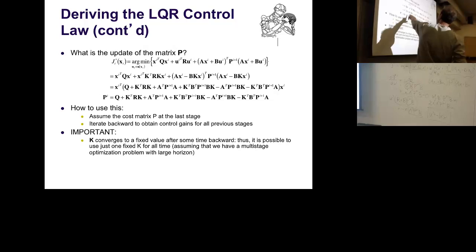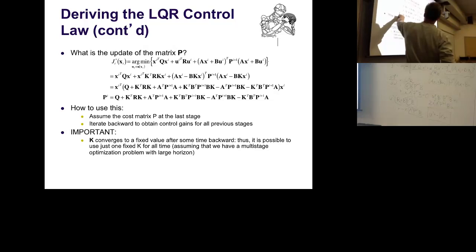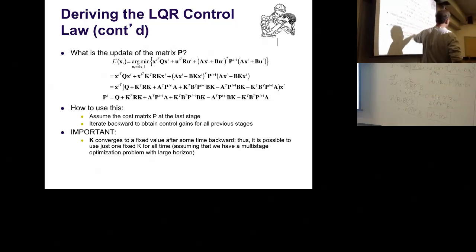And again, what you see is that the optimal cost to go is quadratic in xi. Here's the xi, there's the xi, and then the term in the middle is just big, but that's it. So we know that this term in the middle has to be Pi, and it depends on Pi plus 1. Cool.